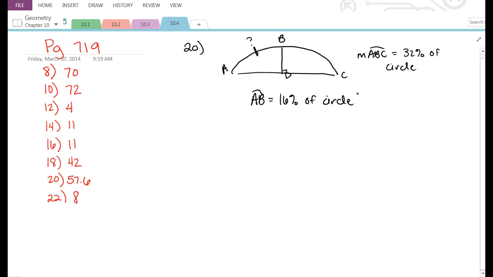So what I'm going to do here is try to figure out what the measurement of AB is. If you notice, it's just asking me for the arc measurement, which is the degrees, right? So if I can figure out what the degree is, then I'll be able to figure out the arc measurement.